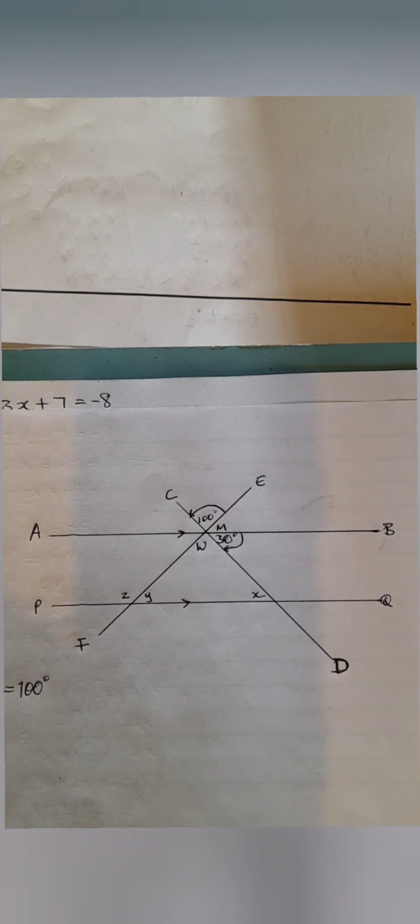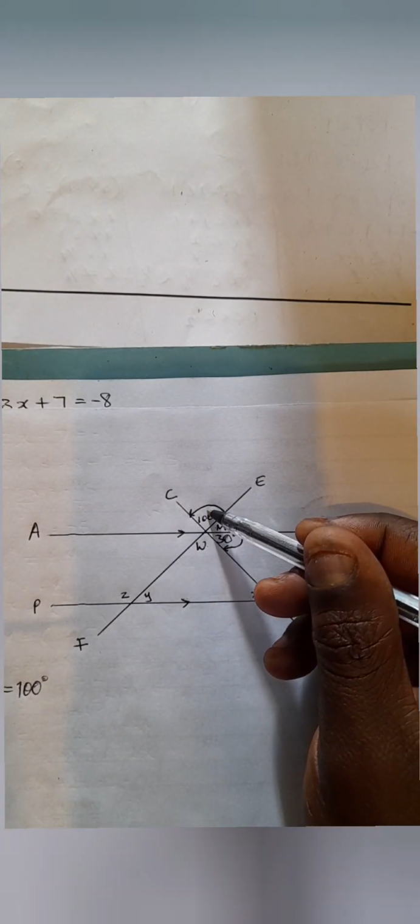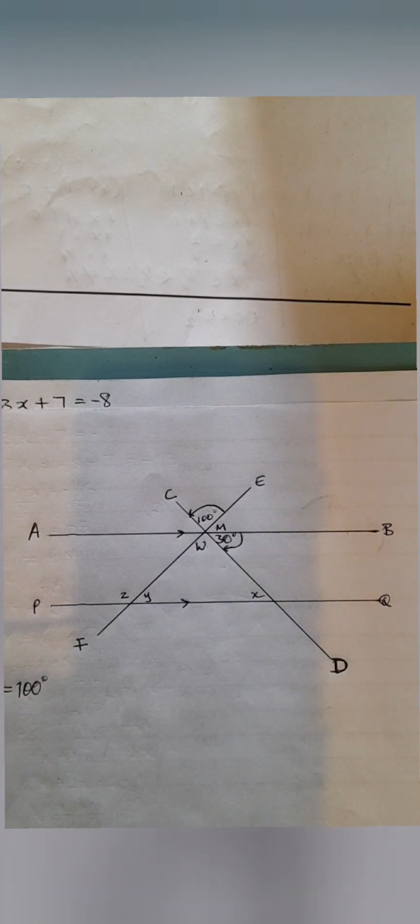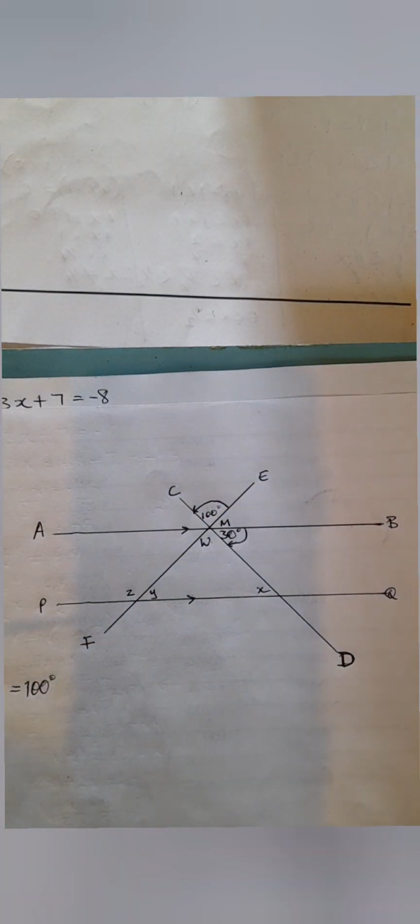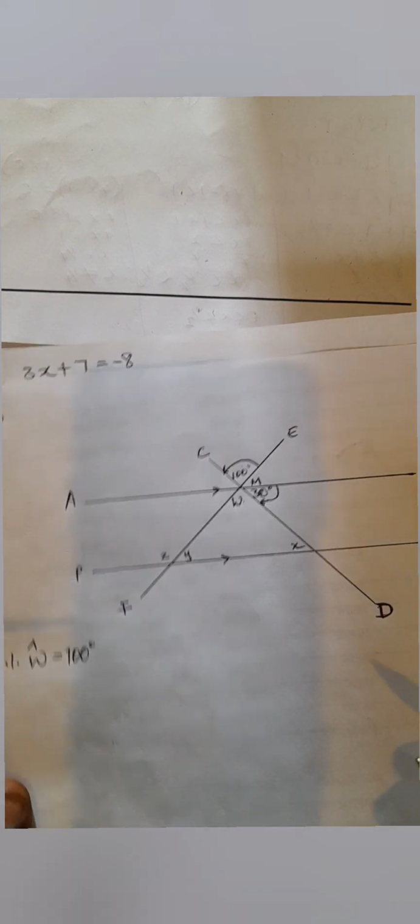What is the reason? It's an opposite angle to 100 degrees. Opposite angles of straight lines, where you have an intersection like this of straight lines, the opposite angles are equal. Right, that's for 2 marks. So you'll say opposite angles are equal.